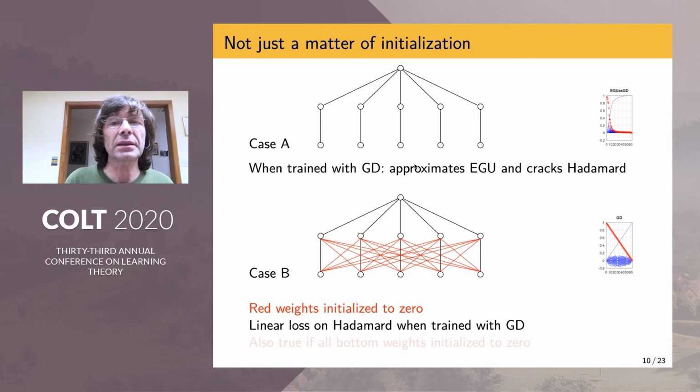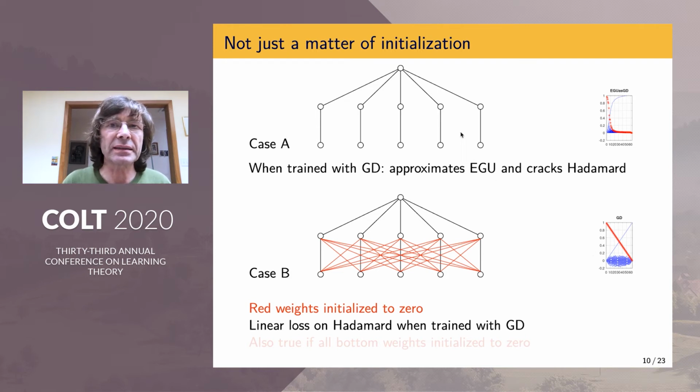So here's the network. When you train this with gradient descent, with respect to the weights on these double edges, you crack Hadamard. You have this behavior. Even if you add all the weights, if you initialize them to 0, you get gradient descent again.